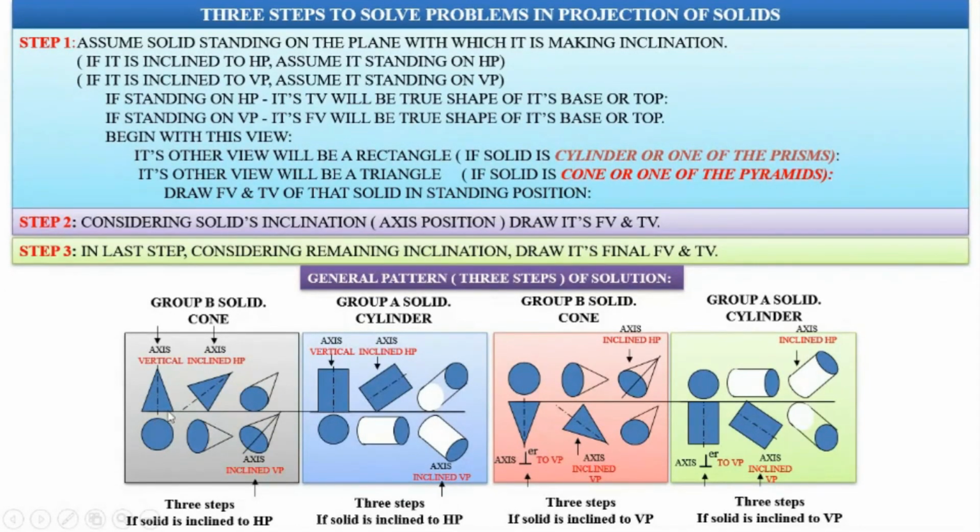When it is inclined to one of the planes, or to the plane in which it is resting, then you need to draw 4 figures, these 4 figures. When the axis is inclined to both the planes, then you need to draw all the 6 figures. So considering this in mind, you have to start your drawings.